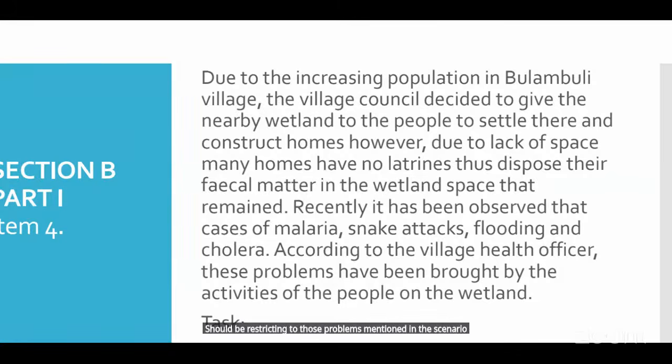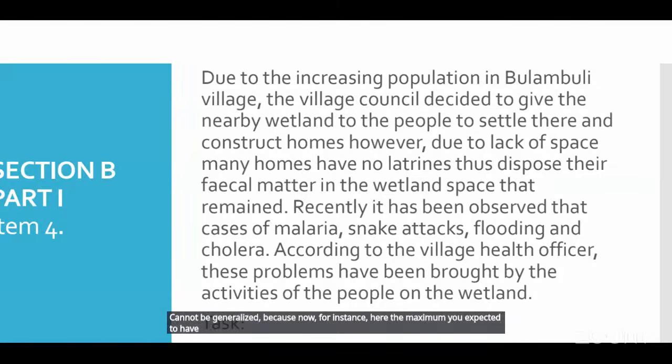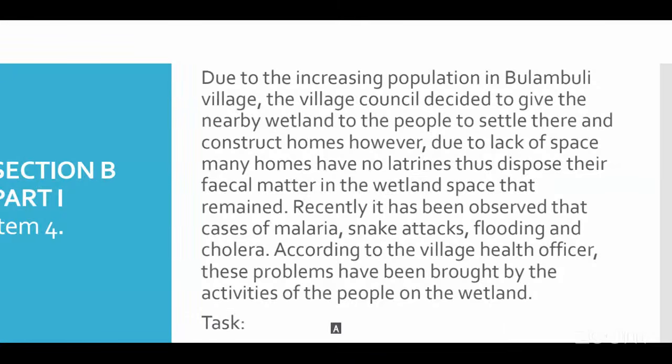So in this case, we have the cases of malaria, snake attacks, flooding, and cholera. So anything you explain outside those four will not be scored. That's why I told you that the maximum number of points you can give cannot be generalized. Here the maximum you expected to have are 4: a response on malaria, a response on snake attacks, a response on flooding, and a response on cholera.